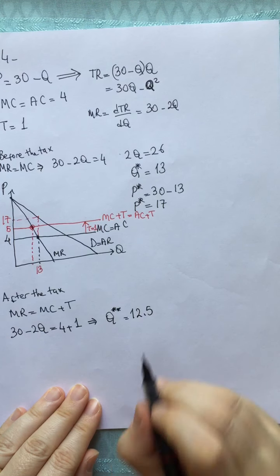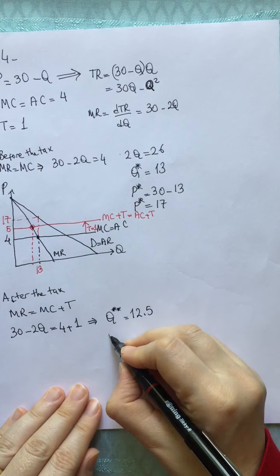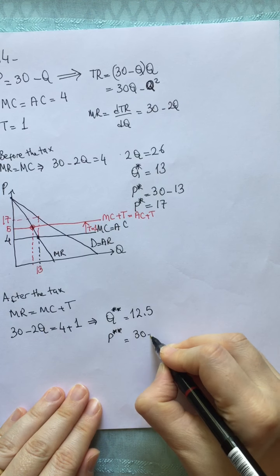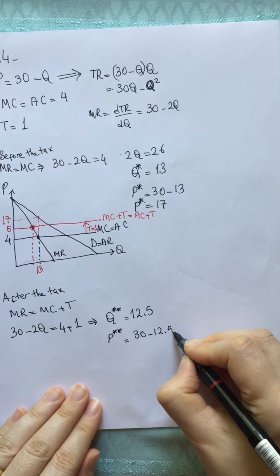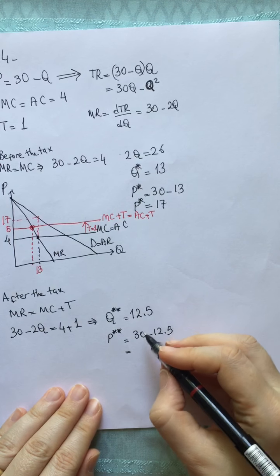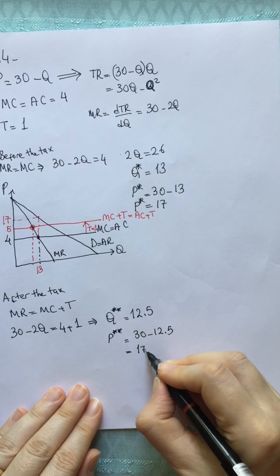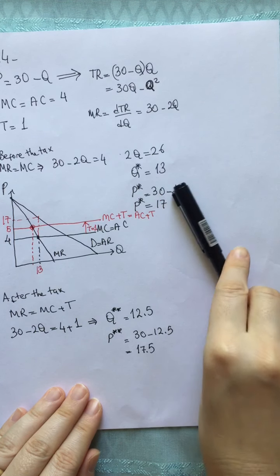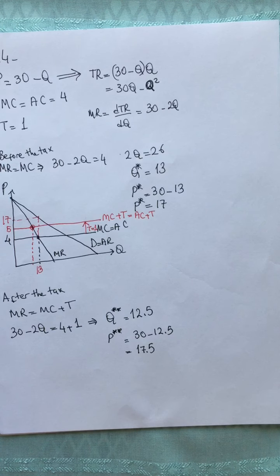12.5. Right? Yes, correct. And the profit maximizing price will increase, we expect, 30 minus 12.5, which is 17.5, I think. Now, let's write the results.